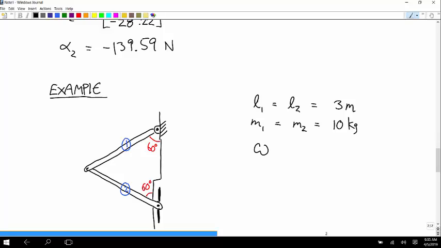And at this instant, both of these two members are at rest. So the angular velocities are 0. So it's starting from rest. And then we're applying this 600 Newton force this way. And I'm going to call these joints, this one A, B, and this one C.